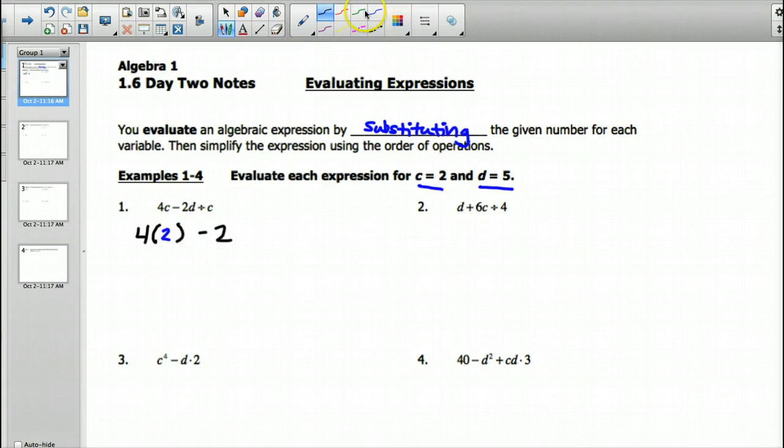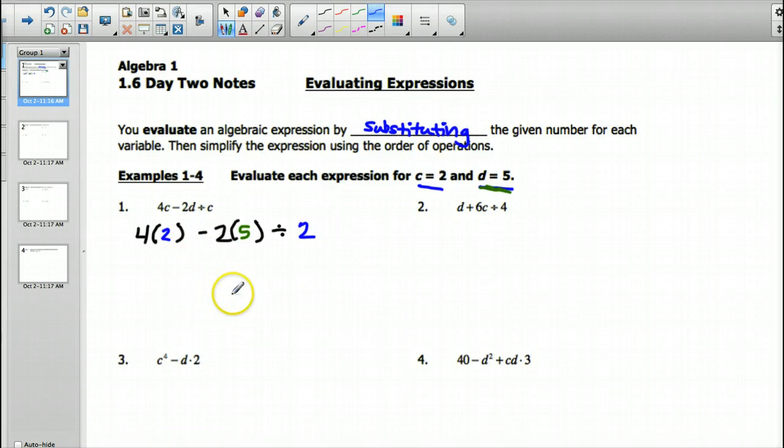Everywhere I see a D, remember, we're going to put in a 5. So I'll do minus 2 and then a set of parentheses to mean times, minus 2 times 5. And then we'll do our divided by symbol, C, and C again is 2. So we have 4 times 2 minus 2 times 5 divided by 2.